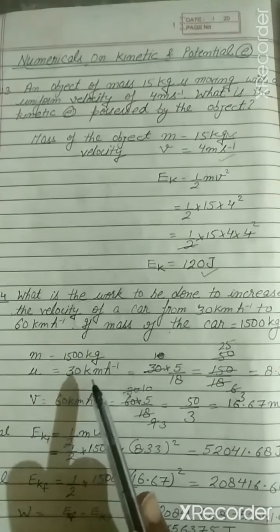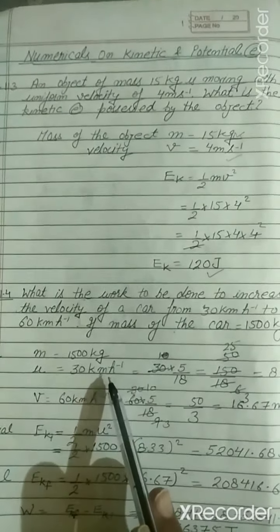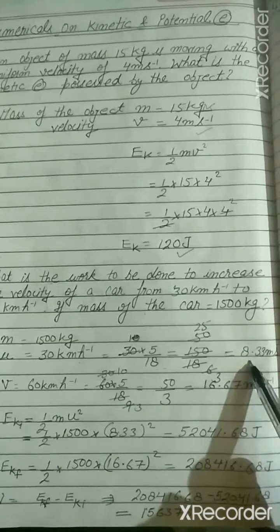Initial velocity is 30 km per hour. So we must change it into meter per second by multiplying by 5 by 18. We get 150 by 18, and after cutting we get 25 by 3, that is 8.33 meter per second.